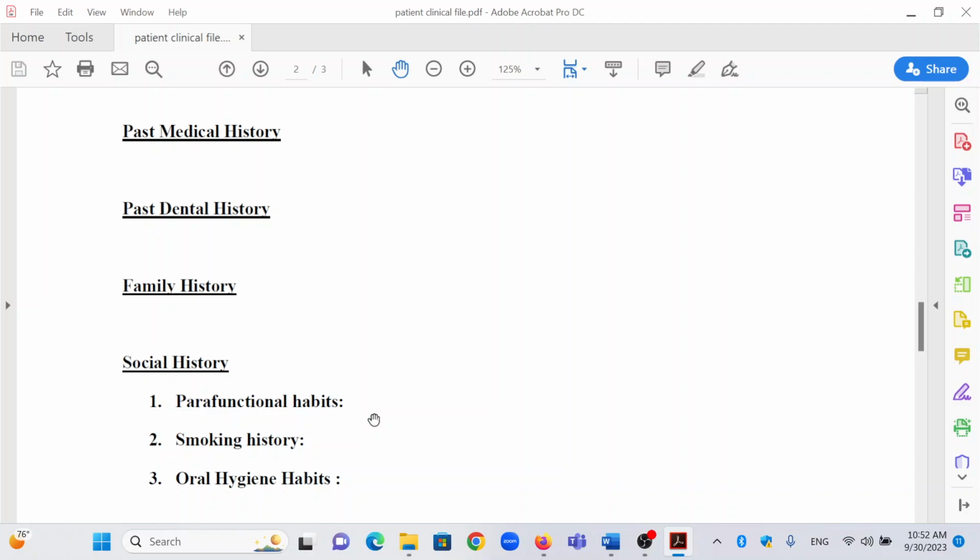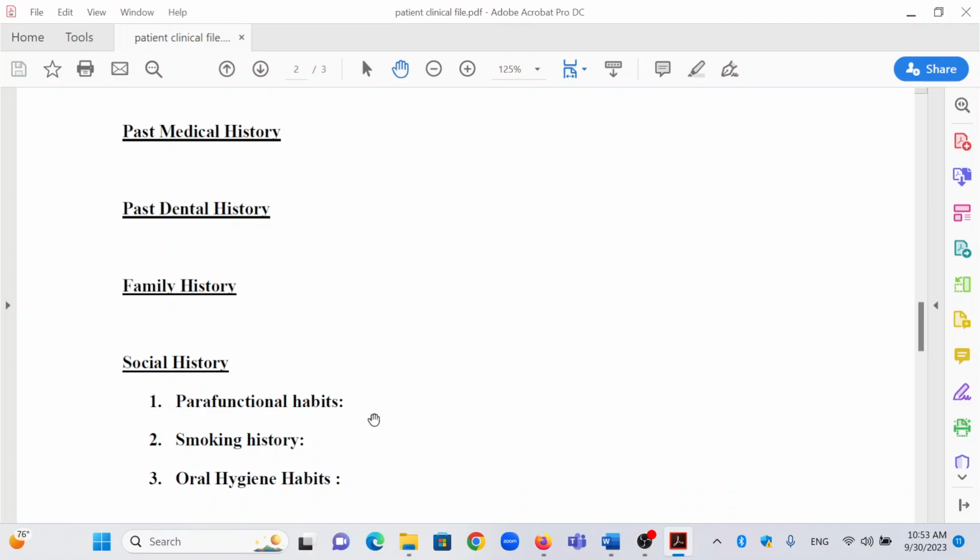Also, for example, if he uses argile, or pipe, or chews tobacco, and so on, it's very important that you write down the type, the onset, and the quantity.